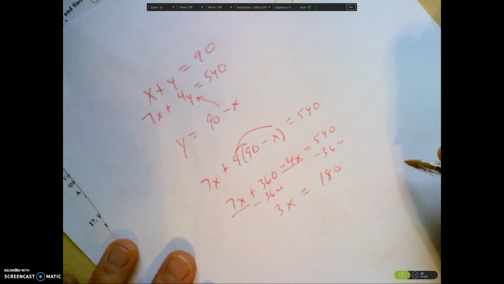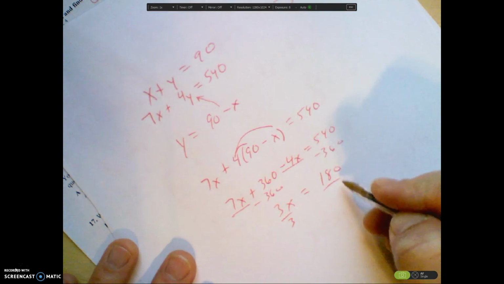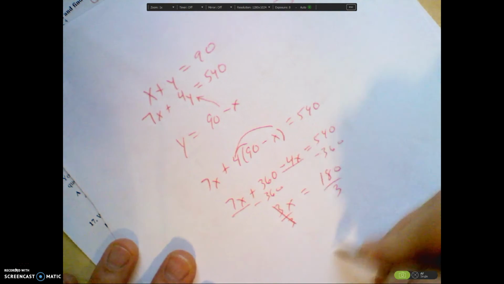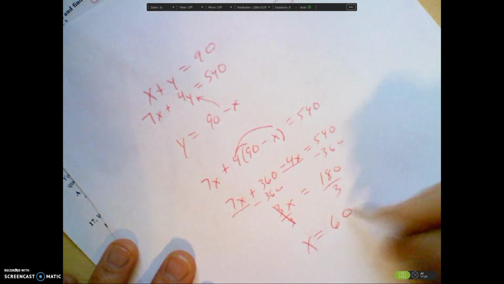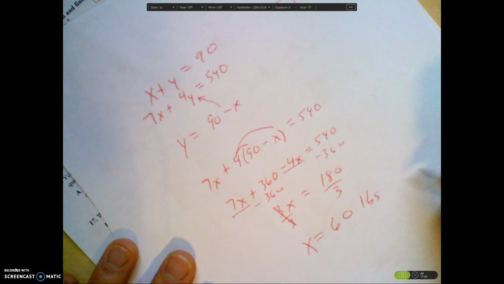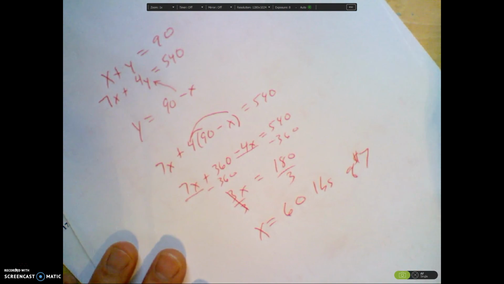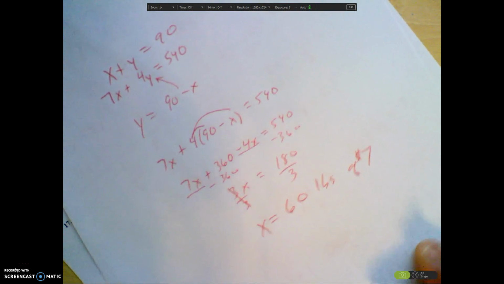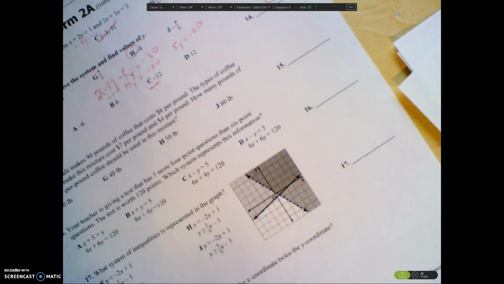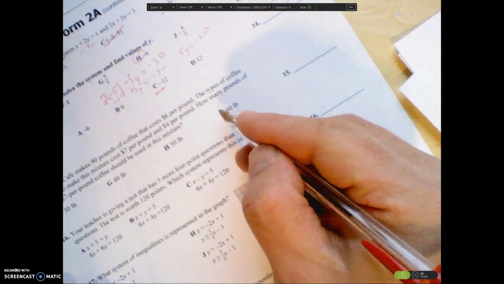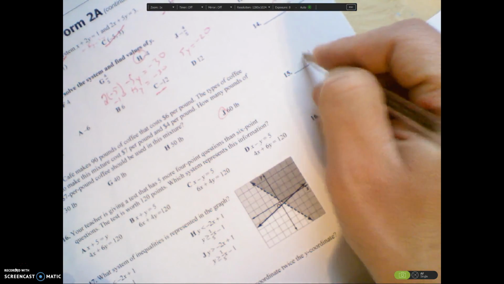Divide by 3, and I get x equals 60. So 60 pounds of $7 coffee. Let's see if that's a choice. Yep, it's J, 60 pounds of $7 coffee.